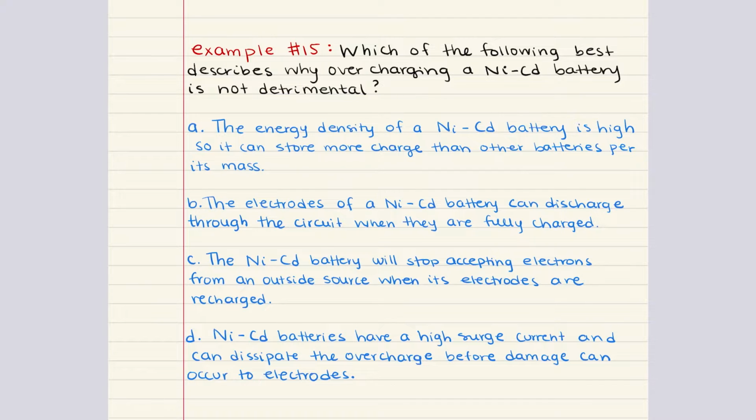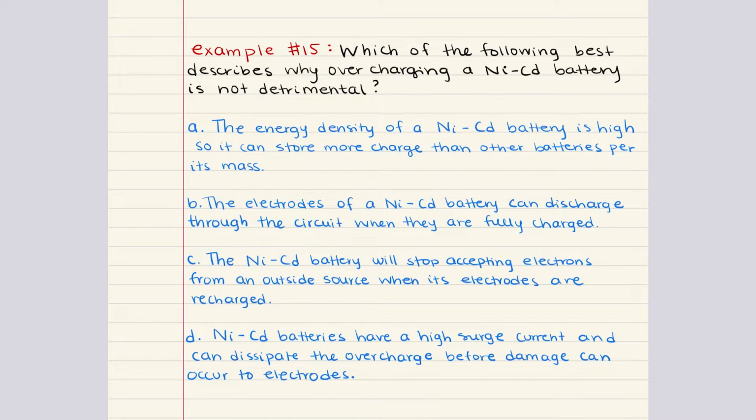C says the nickel-cadmium battery will stop accepting electrons from an outside source when its electrodes are recharged. And D says nickel-cadmium batteries have a high surge current and they can dissipate the overcharge before damage can occur to electrodes.